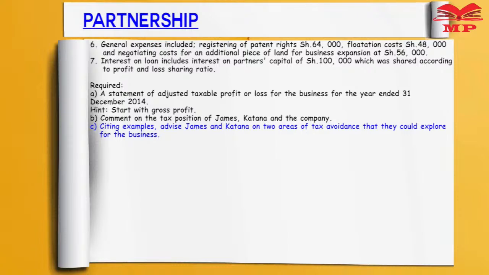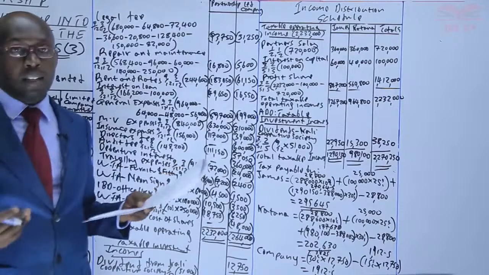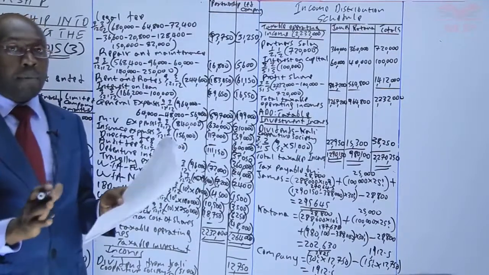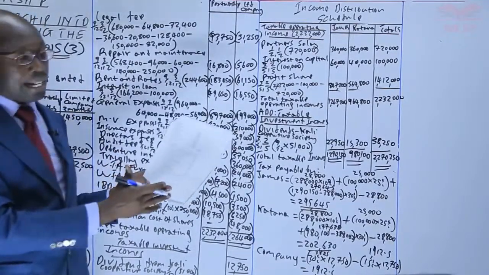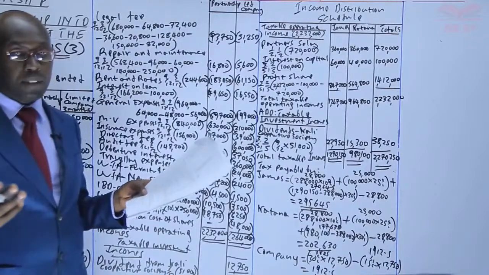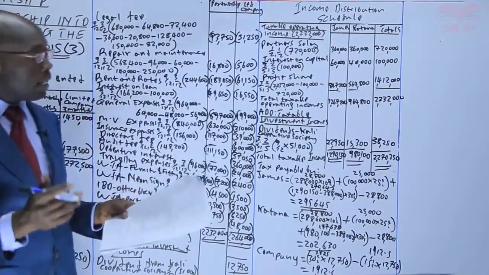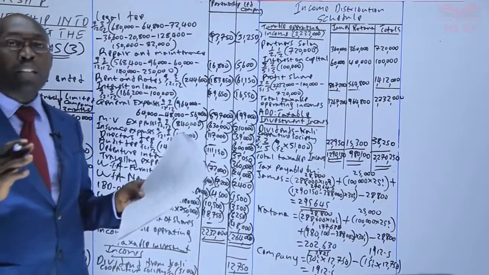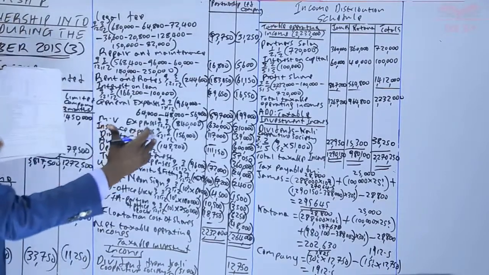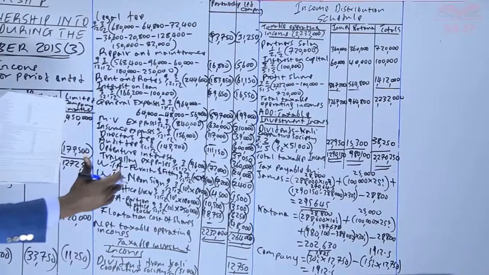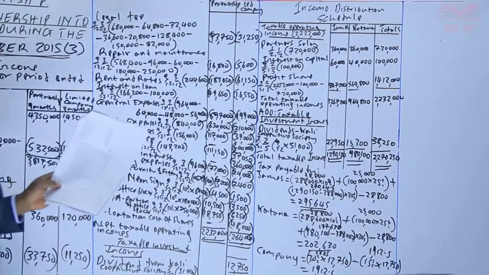Although this is a topic to be done later, tax planning, to fully answer the question I'll just mention them. Tax avoidance are measures that they can put in place to legally reduce the tax they are supposed to pay. Now, what are those measures?